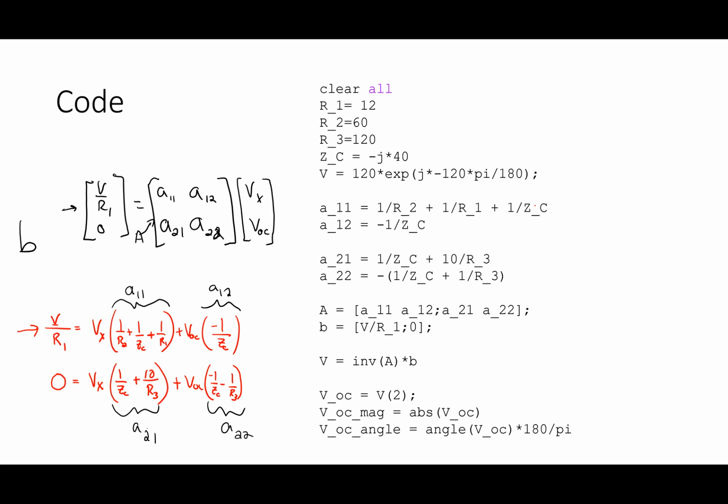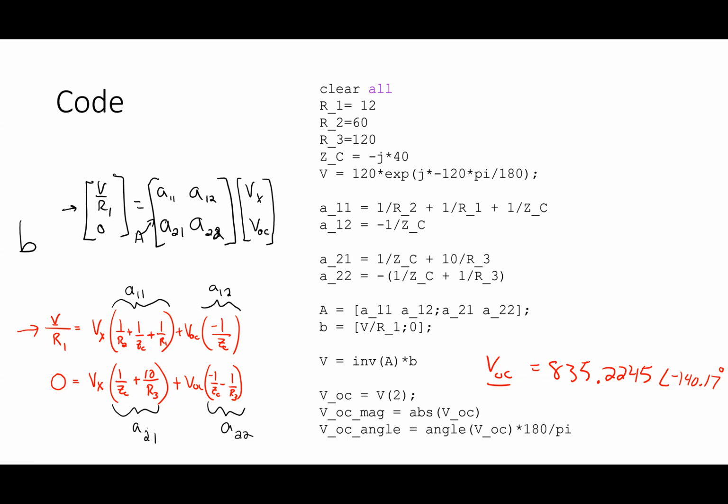So if I do this analysis, I end up with VOC. This code will work for you. VOC ends up being 835.2245 with an angle of negative 140.17 degrees. Notice one thing I always do is I get my VOC here. I said V of 2. Why did I say V of 2?